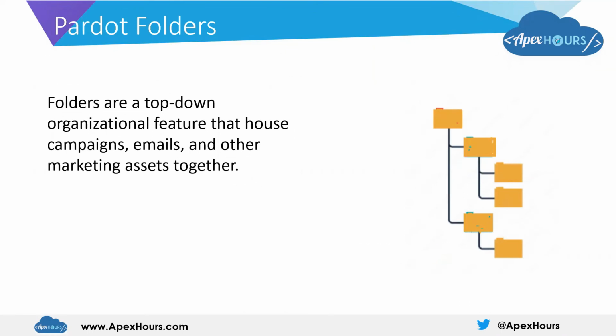Now coming to Pardot folders. Pardot folders are basically top-down organizational features that house campaigns, emails, and other marketing assets together. Basically, a folder acts as a container for all your marketing assets. To manage all your marketing assets, your organization may choose to have folders campaign-wise or region-wise.